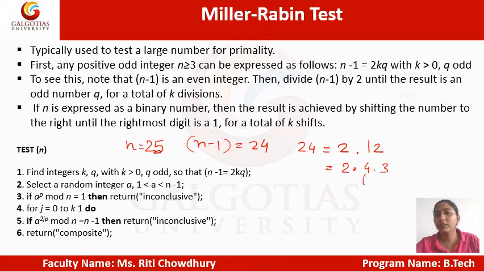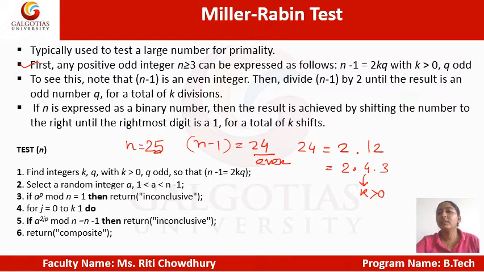So that means we can take k as 3, which is definitely greater than 0, and q is equal to 3. That means this condition is satisfied. To see this, note that n minus 1 is an even integer. See, this is n minus 1, which is even.